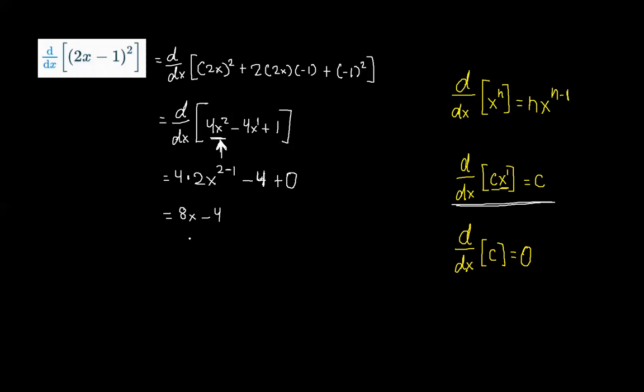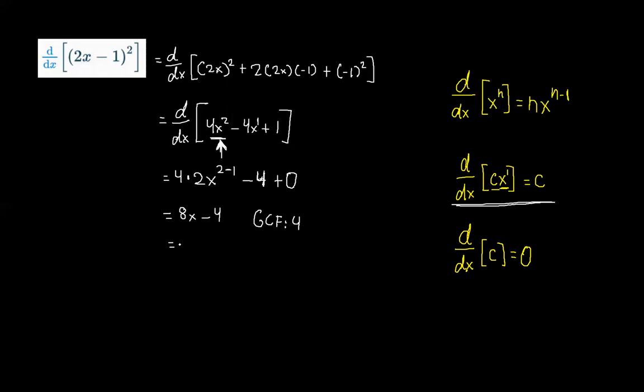All right. But if you want to find a simplified answer, you're going to factor out this expression by 4, because the GCF of this expression is 4, because these terms, 8x and negative 4, are both divisible by 4.